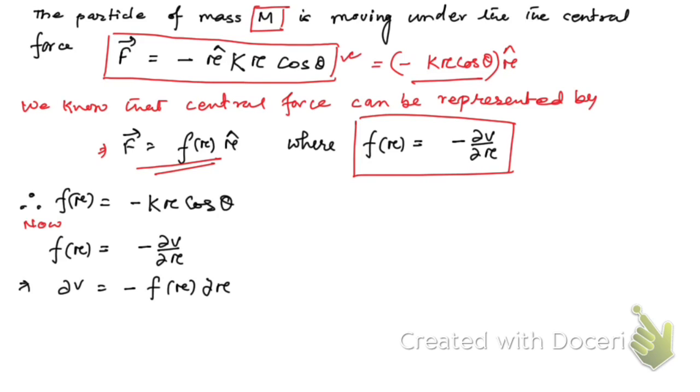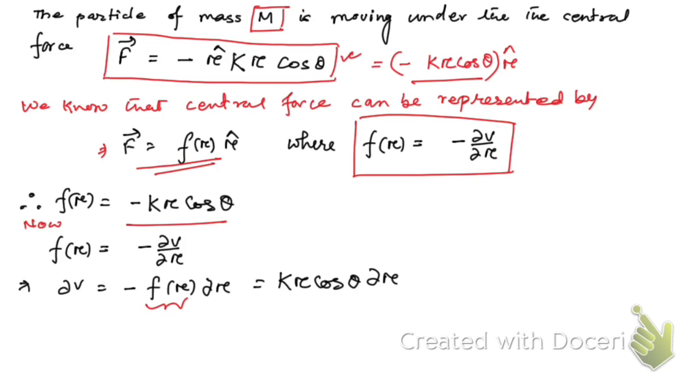We can replace this f of r by this expression, right? There is already one minus and there is also minus, so it's going to be plus K r cos theta del r.